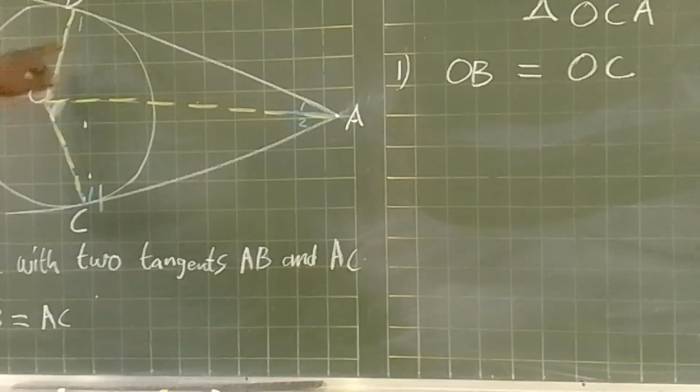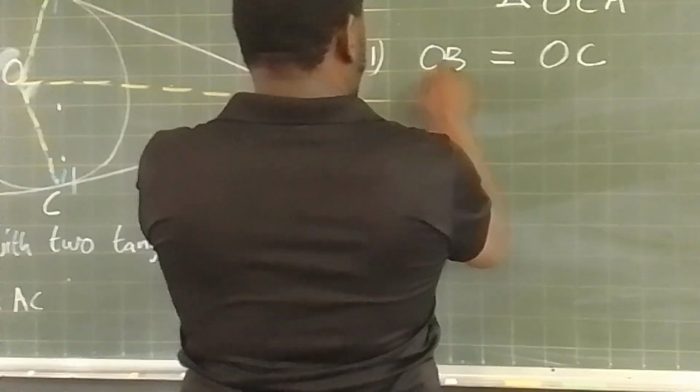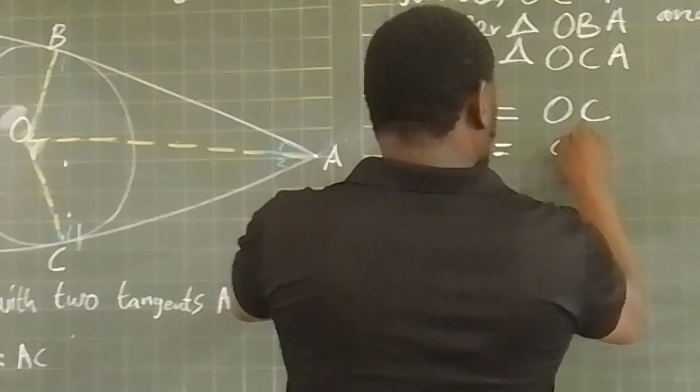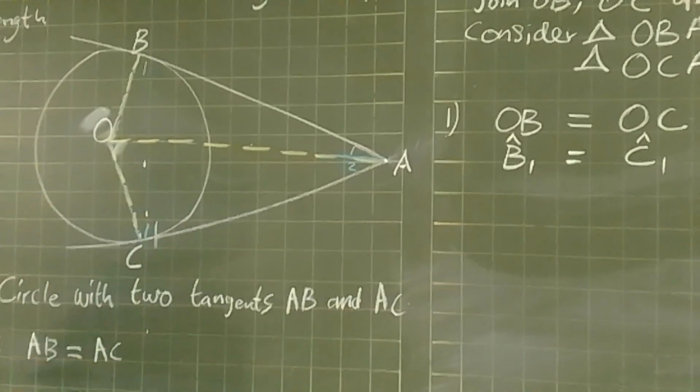Now we come and say B1 is equal to C1. You can tell me what is the reason for that?